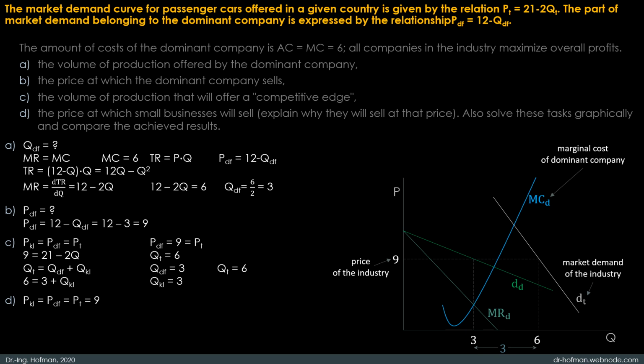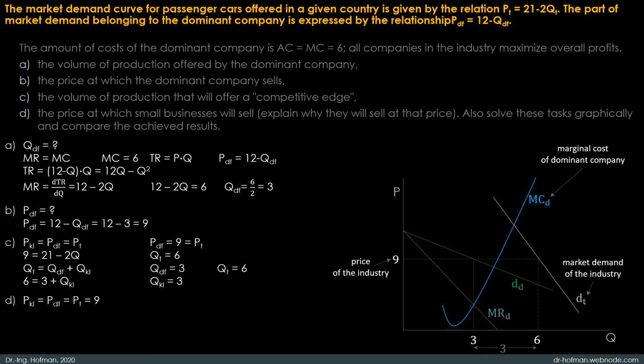So QT, the quantity of the market, is calculated as 6. QDF, quantity of the dominant company, was calculated as 3, and we just search for QKL, which is what we have to add to 3 so that we get 6, which is 3. QKL, the quantity of the competitive edge, is 3.